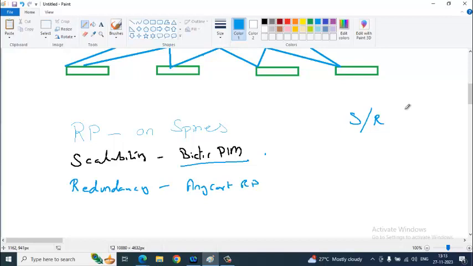Don't forget. So we have an option called bidirectional PIM. You just enable it globally. When I do the lab, you will see.